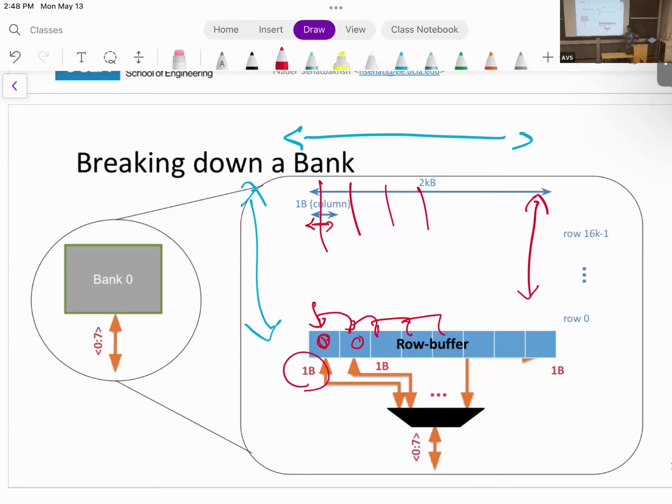In other words, I don't close the row buffer; I keep it open. As a result, the next time I'm reading this, I no longer need to activate the row and read the columns. I just directly read it from the row buffer. That's what we call a row buffer hit. We're going to get to it, but row buffer hits give you a huge performance boost. And that's exactly what you need to do in your computer assignment series: you need to maximize your row buffer hits. Okay, thank you.